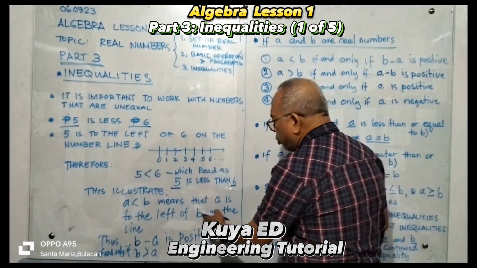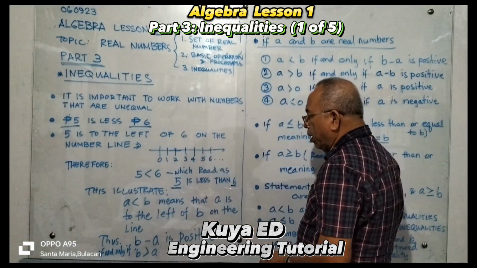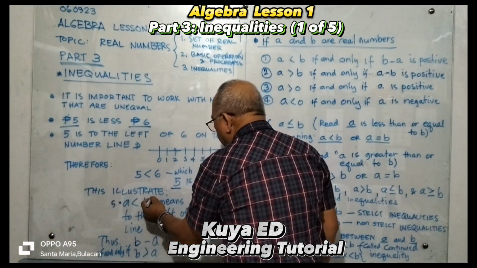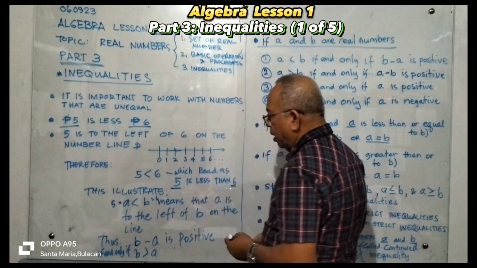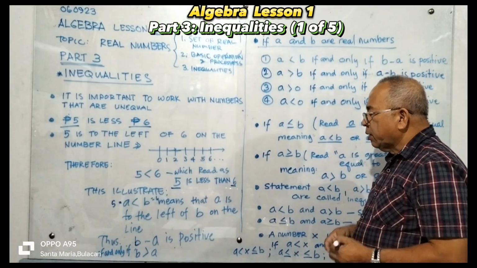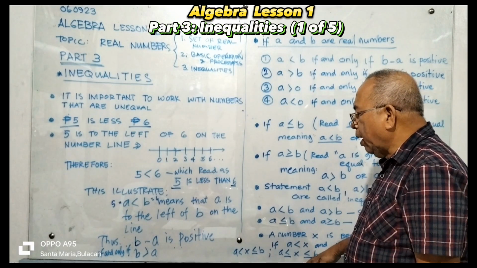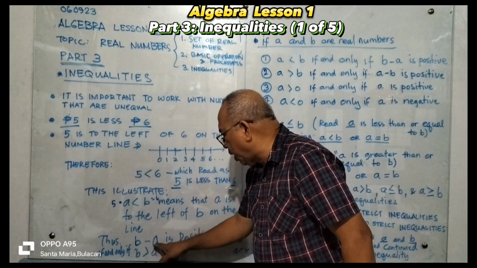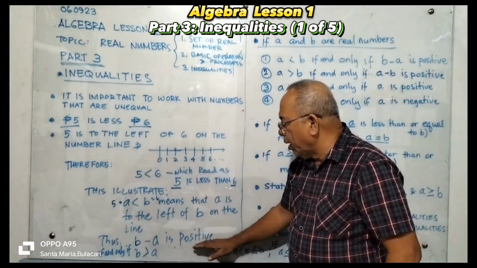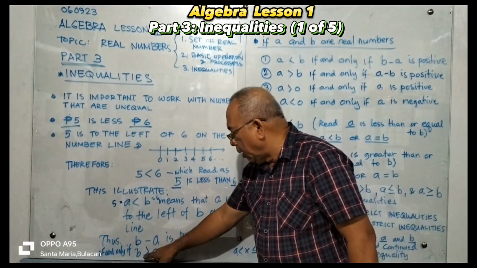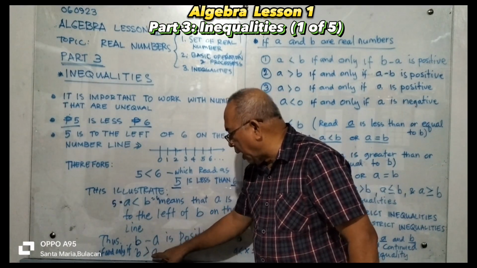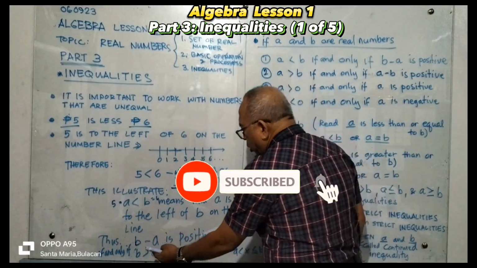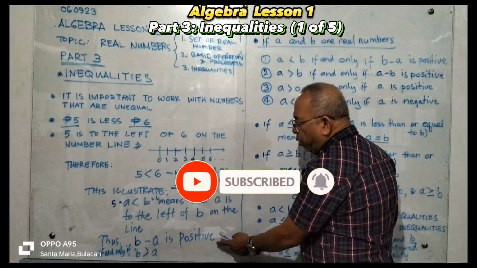Kung ating sundan sa ating example, yung A ay 5 at yung B ay 6. Therefore, we can say that B minus A is positive if and only if B is greater than A. Hindi daw pwede na kung hindi ito malaki kaysa dito, hindi daw totoo ito.